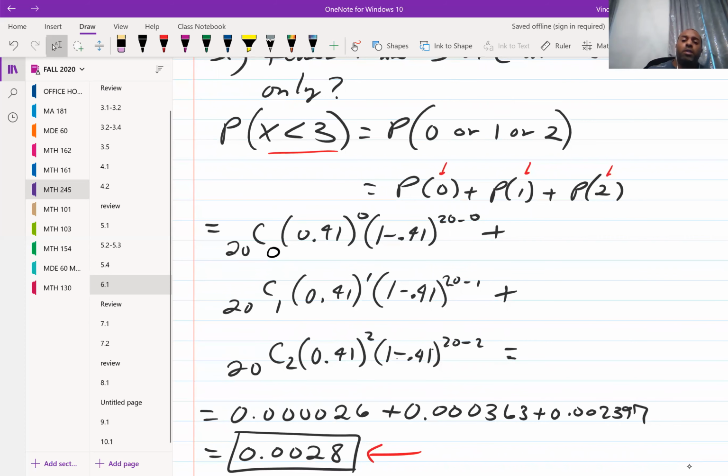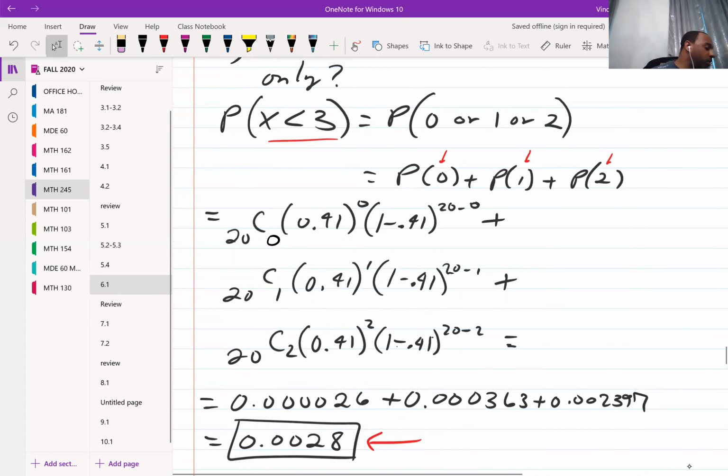Add those together, and you get 0.0028. All right, any questions?